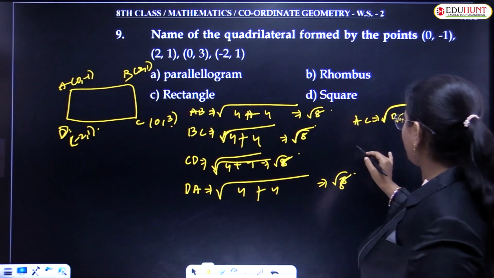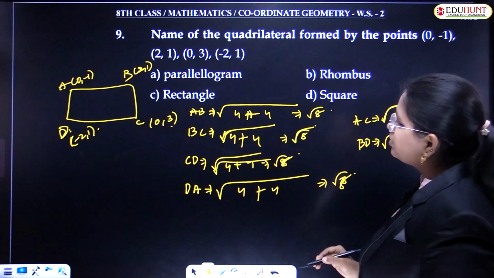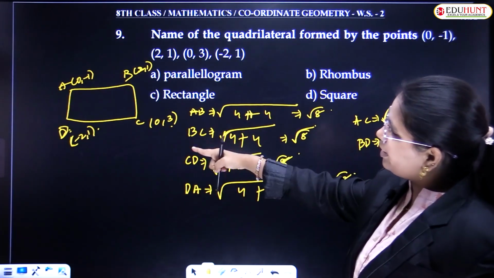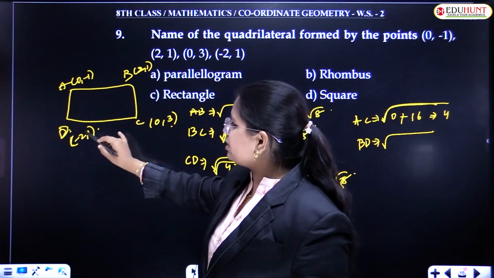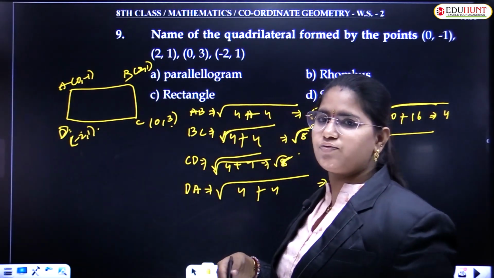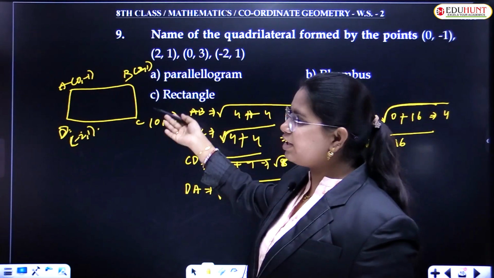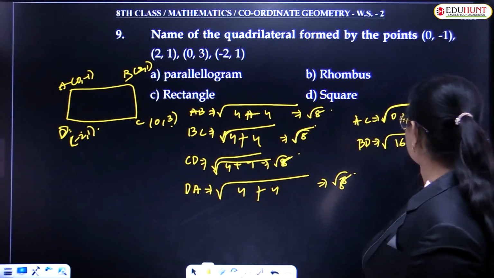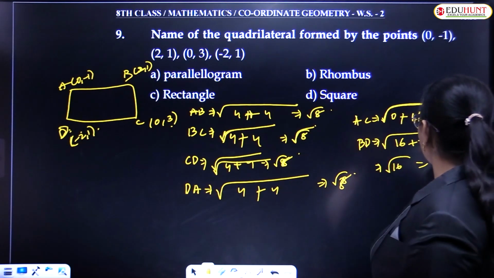Next, the BD value. X2 minus X1: minus 2 minus 2 is minus 4 whole square, which is 16, plus 1 minus 1 is 0 square, which is 0. Root 16 is again 4.